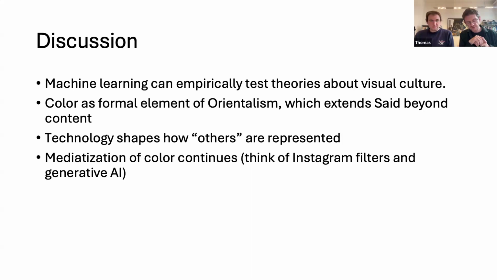Also, this is connected to the first point: we looked at color as a formal element of Orientalism here that moves beyond content. And I think as visual historians, or maybe historians in general, we often focus very much on the content, what is written maybe, or what is visualized, but not so much how it is visualized.